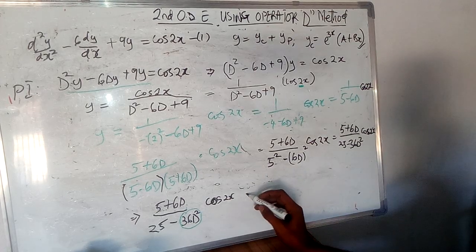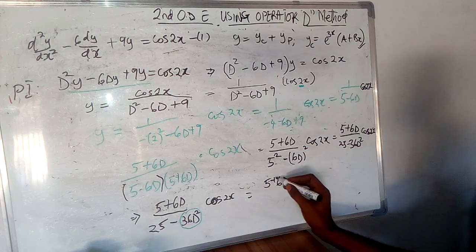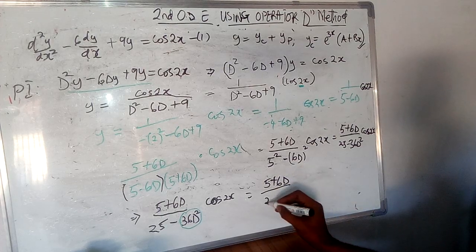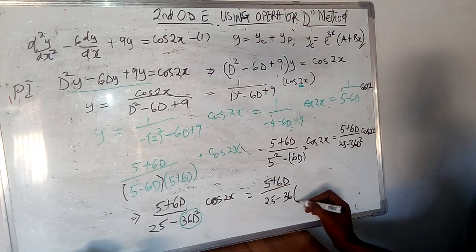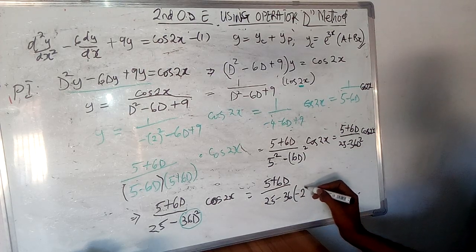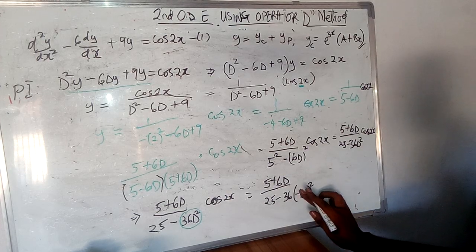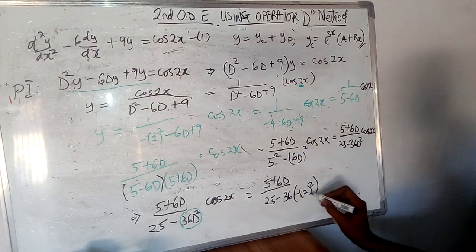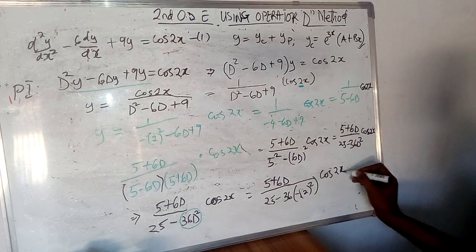So this will give us 5 plus 6D all over 25 minus 36 into minus 2 squared, cos 2x.